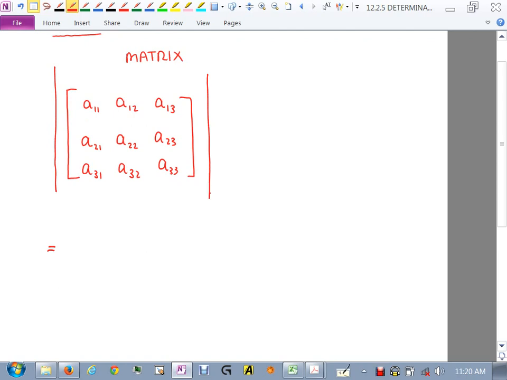If I just write the matrix, that's not the determinant. The bars represent the determinant. So here's the formula. A11, A12, A13, A21, A22, A23, A31, A32, A33. Just write it down, okay?